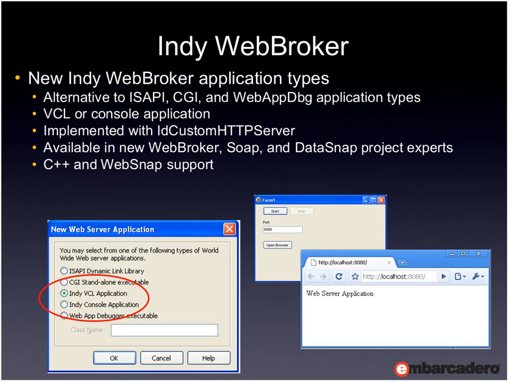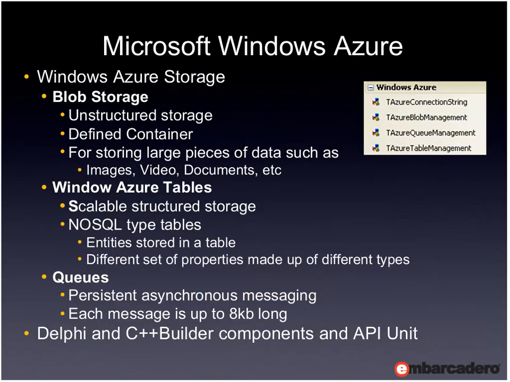You can have, in a sense, a web server running as an executable listening on a port. And this screenshot just shows, you'll see some examples in a bit, where you start up your application and it just starts listening on a port for method calls from your client going into your server. So this is our Indie web broker application type that's part of RAD Studio XE.